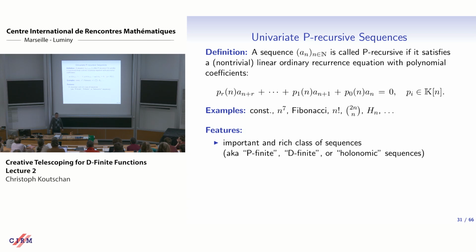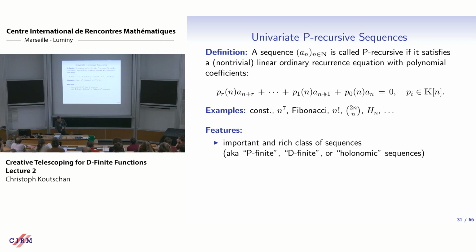And like for D-finite functions, we have certain features, namely that it is a very rich class and a very useful class of sequences. They are also called p-finite or D-finite or also holonomic. So this naming is really just a mess.